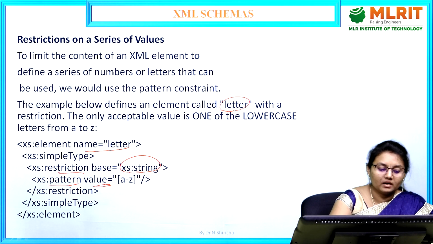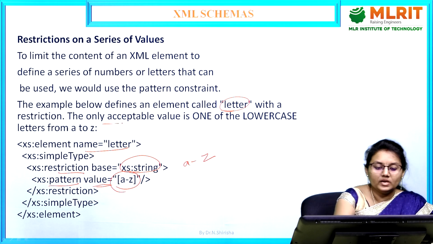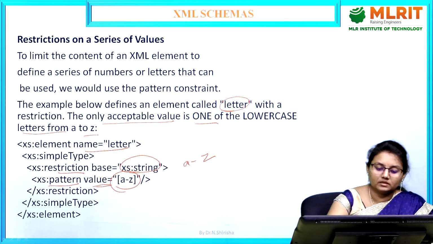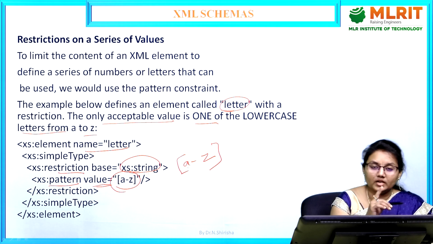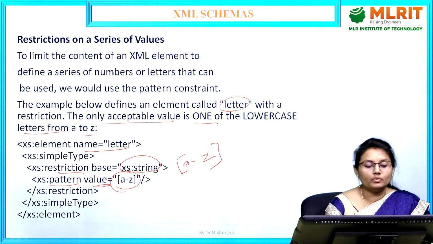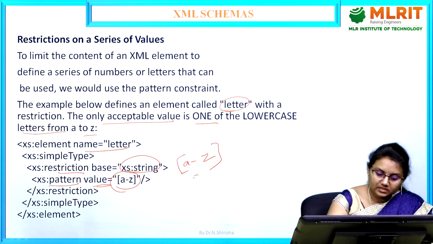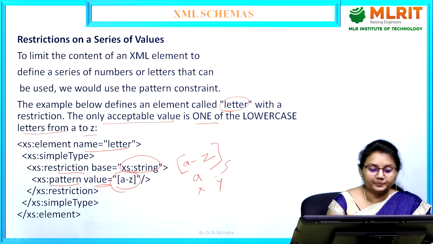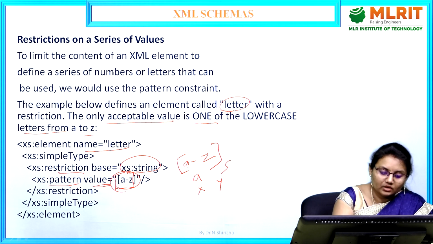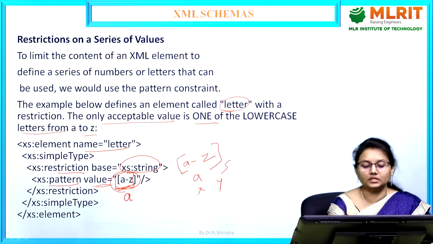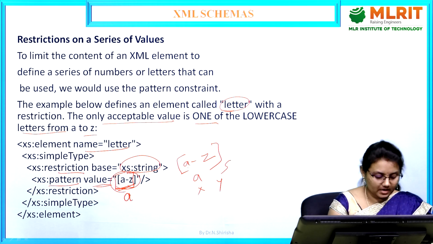What is the pattern that you have to follow? All lowercase, a to z. The only accepted value is one of the lowercase letters from a to z. That means either a, x, y, s, anything. Within the square brackets you are giving this. That means what? One character. That's it. This is the pattern.